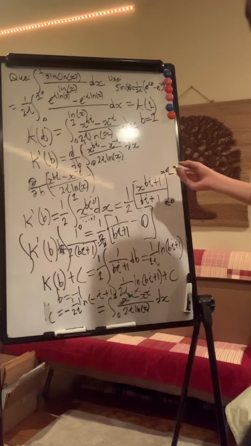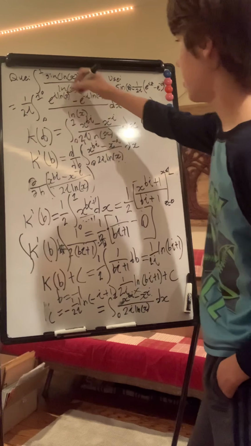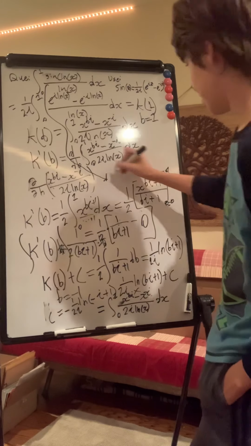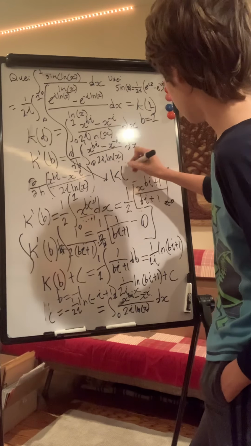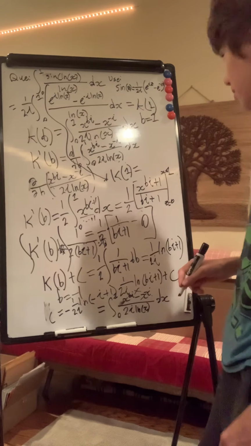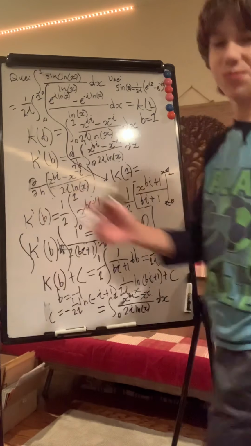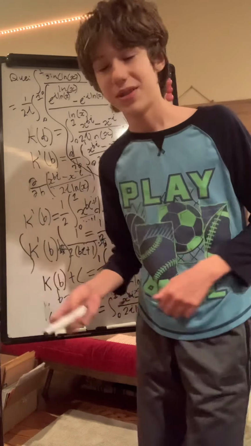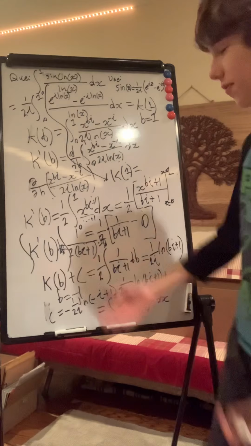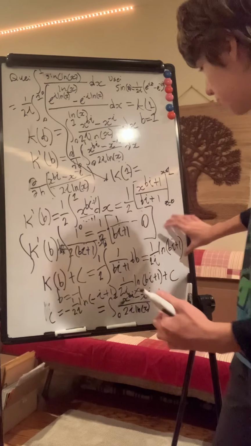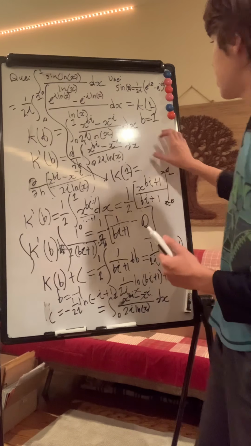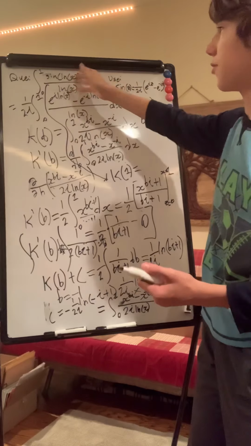So all in all, this integral, sorry for having such a small board, which is k of 1 equals, basically, I'll leave this as an exercise to the reader because this board is actually getting too small. So just basically try plugging in, we've already done all the dirty work together. We've shown what k of b is. Just plug in b equals 1, and you get the solution for our integral here.